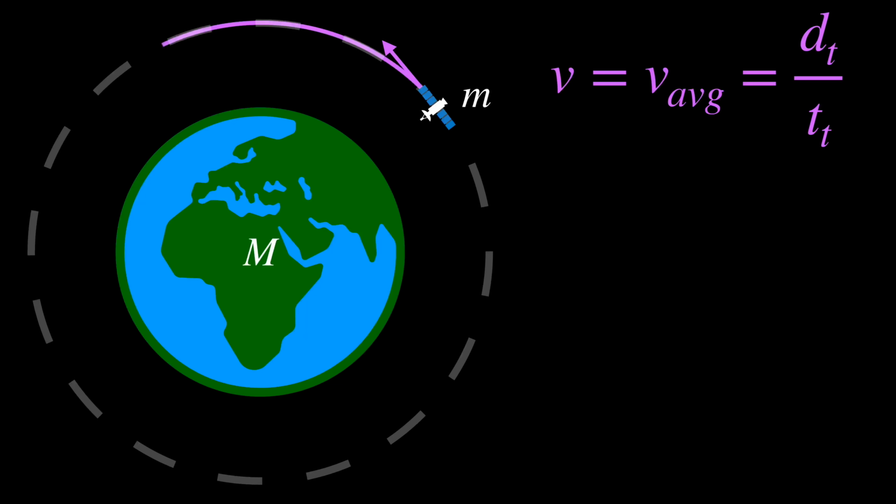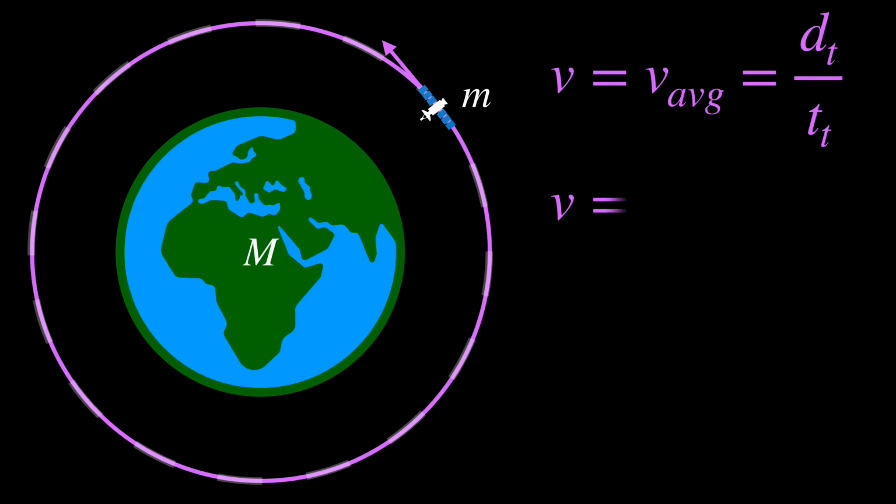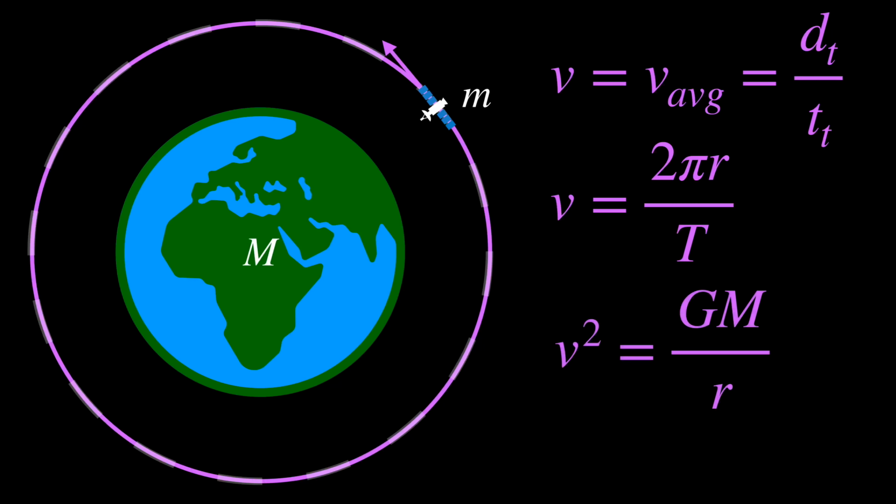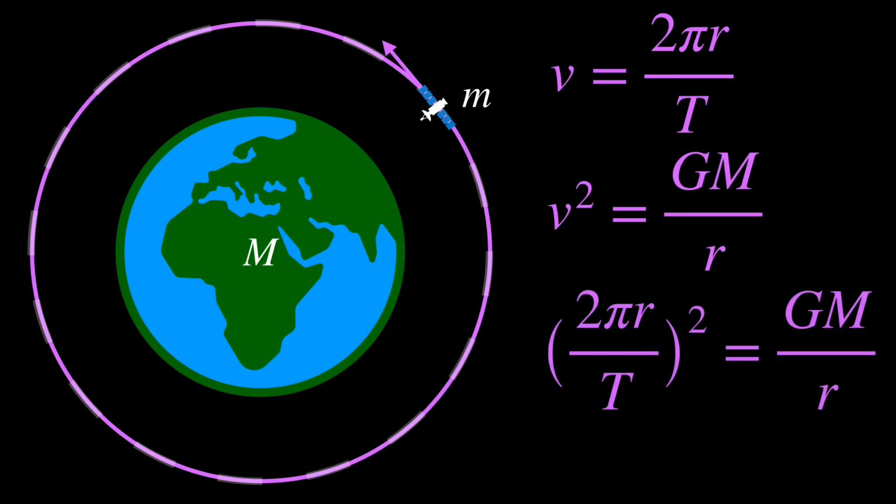The total distance is just the circumference of the circle, which we know is 2 pi r, and the total time is just the period of the orbit. As we've already seen, the velocity in an orbit is equal to the square root of big G big M over r. But if we got rid of that square root, we'd have an expression for v squared. Now, if we substitute this other expression that we have for v that includes the period, then we're almost finished.